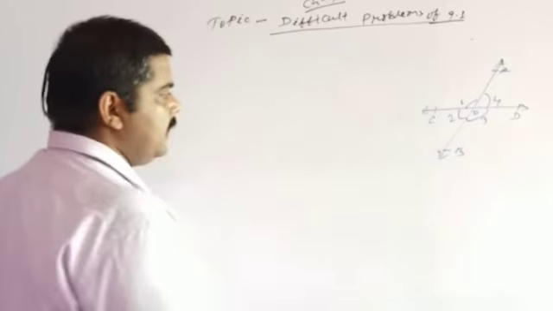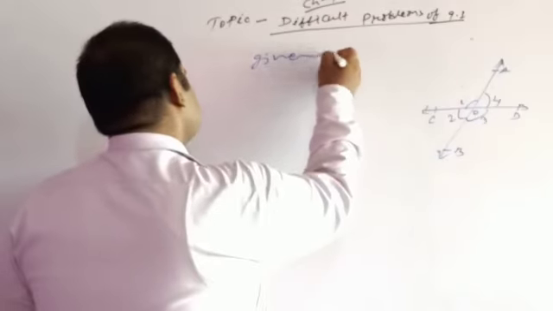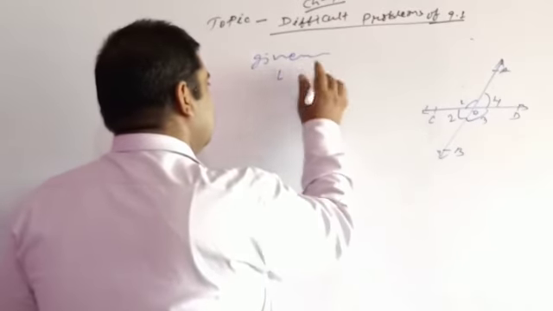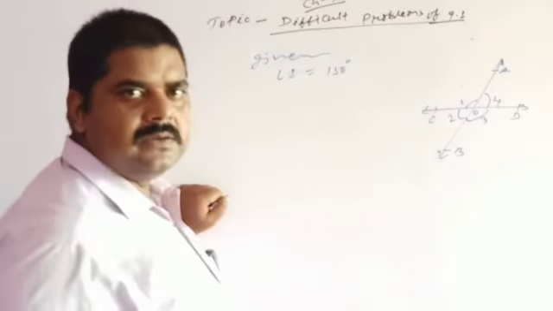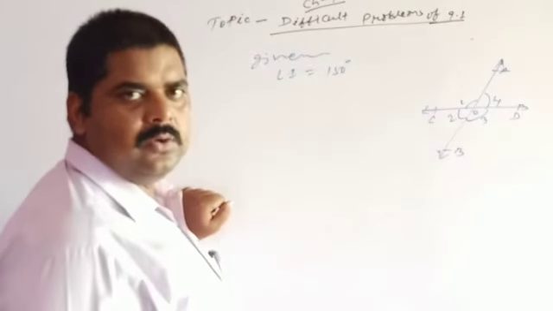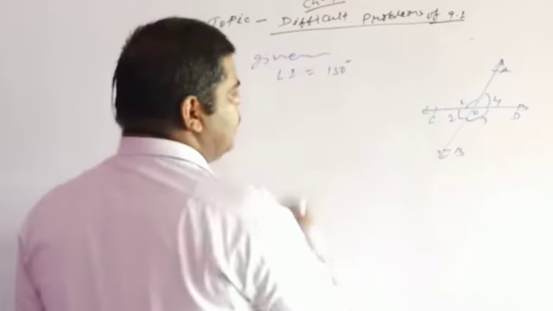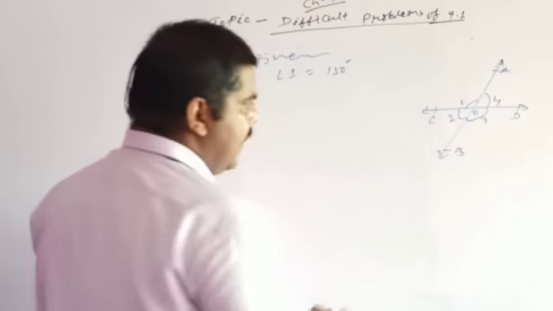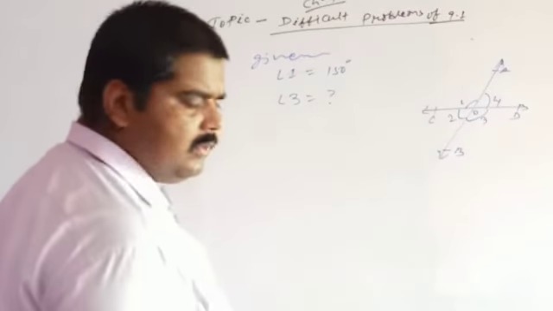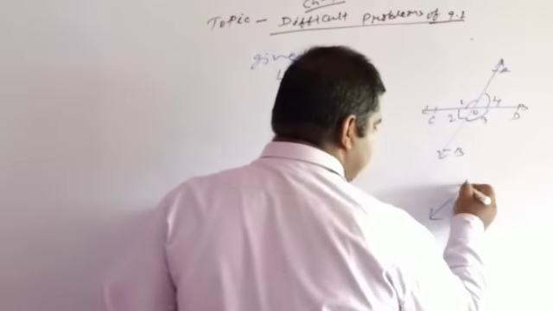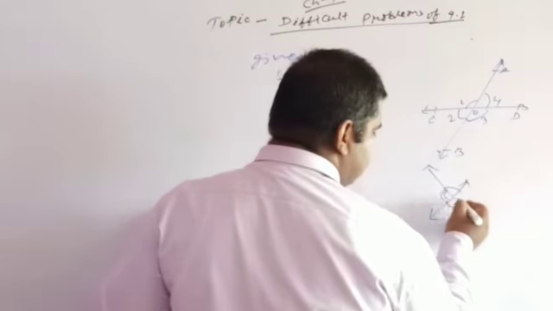In the adjoining figure, that is, the figure given in the question, angle 1 is equal to 150 degrees, and you need to find angle 3. When two lines intersect, vertically opposite angles are equal.